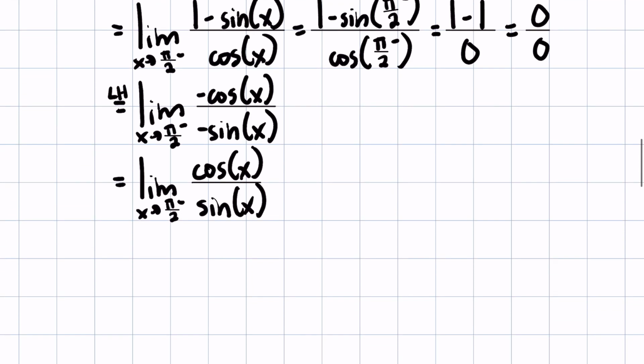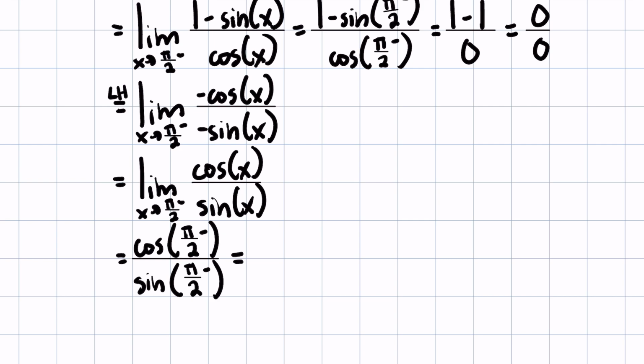When we plug in our pi over 2 here, we have cosine of pi over 2 from the left divided by sine of pi over 2 from the left. For cosine, that's going to give us 0, and for sine, it's going to give us 1. So our answer is going to be 0.